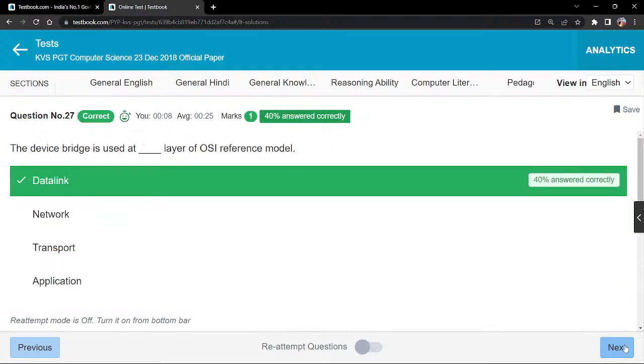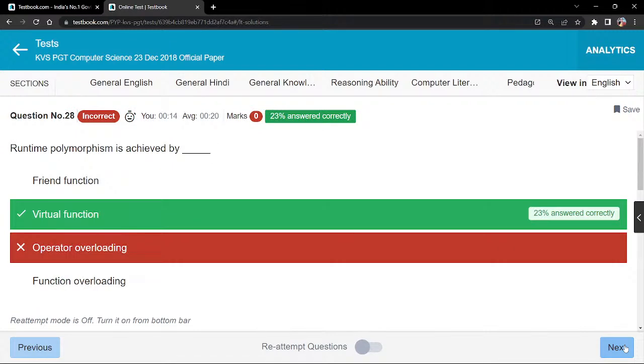The device bridge is used at the data link layer of the OSI reference model. Runtime polymorphism is achieved by virtual functions.